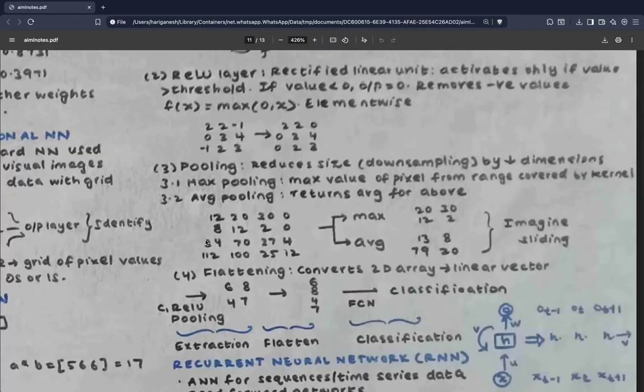Wait, no, that doesn't make sense. Max is 20, 30, 12, and 2. That actually makes no sense. Well, that's clearly a mistake. It should be a 3 by 3 cell here. No, wait, 3 by 2 cell.